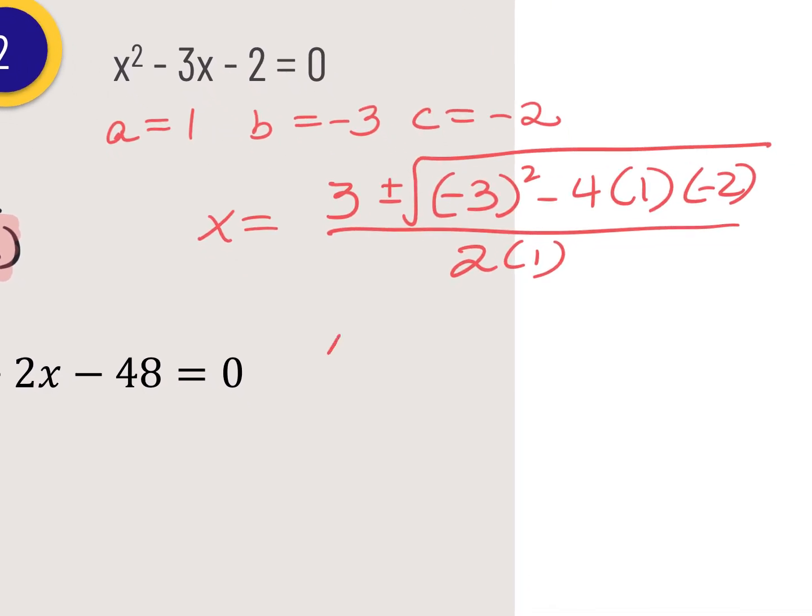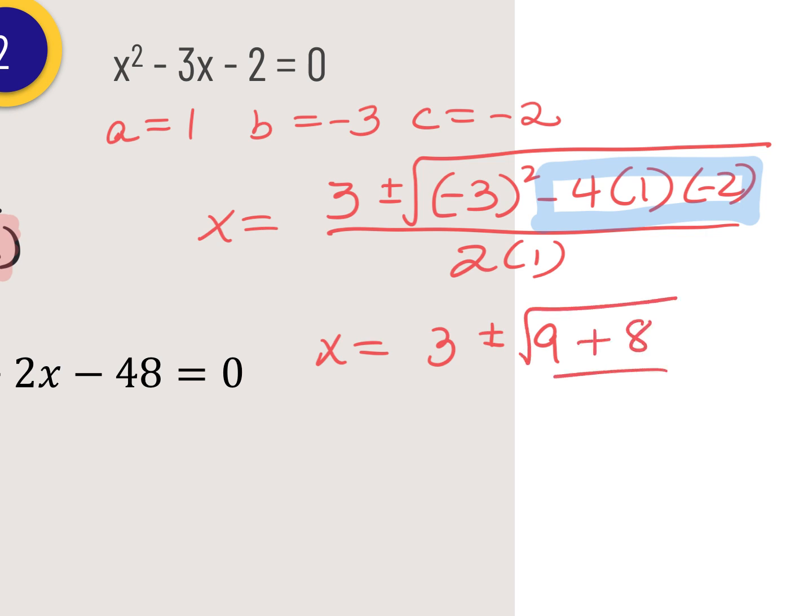I'm going to simplify what's under the square root first. I'm going to square the -3. I'm going to now multiply -4 times 1 times -2, and I end up with +8. I'm going to multiply the 2 times 1. I now have to add 9 and 8, and I get 17.